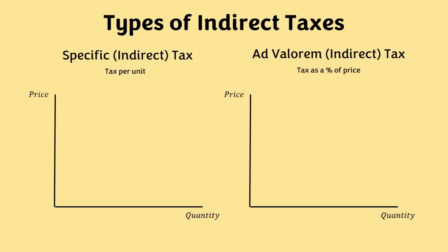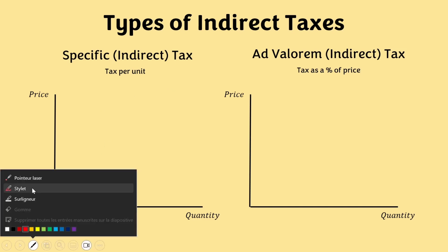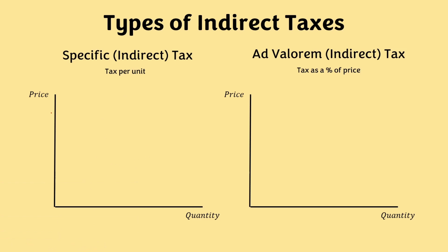Now let's look at different types of indirect taxes. Now we have a specific tax and we have an ad valorem tax. Now let's look at what they look like on the graph. Of course, because this is microeconomics, we start with the price on the y-axis and the quantity on the x-axis. And we start with our simple supply curve as well.